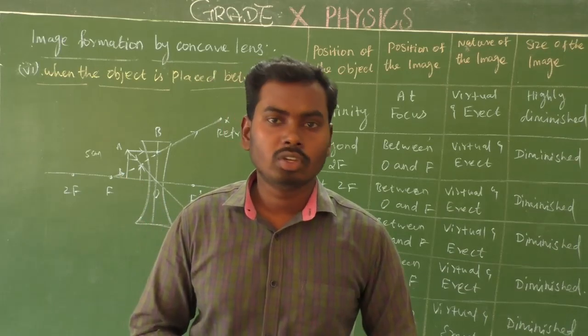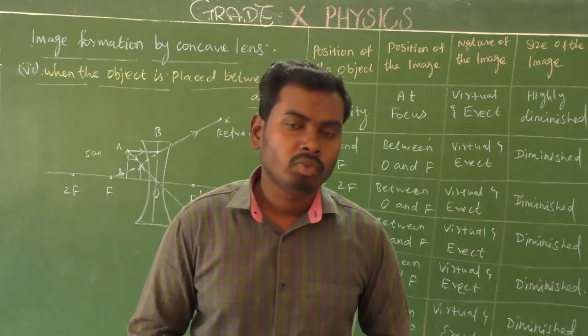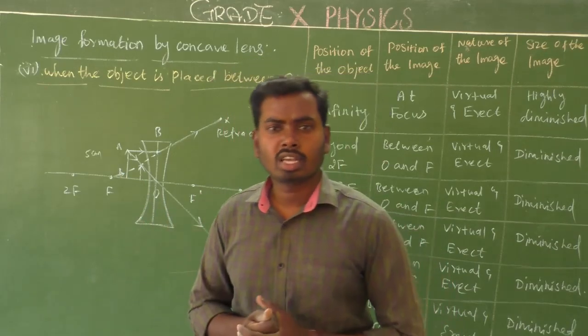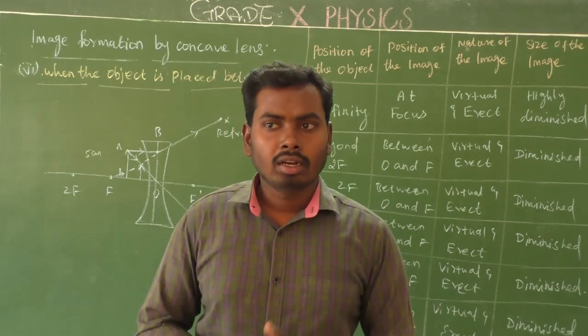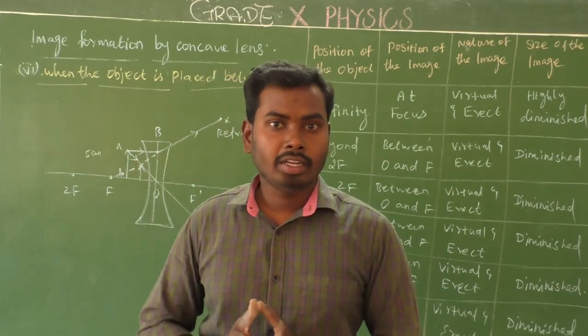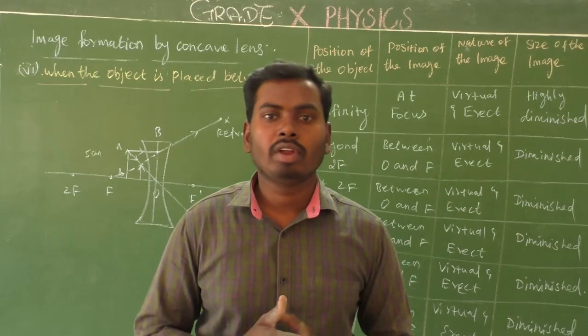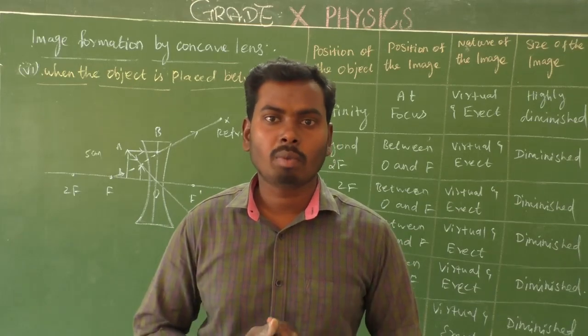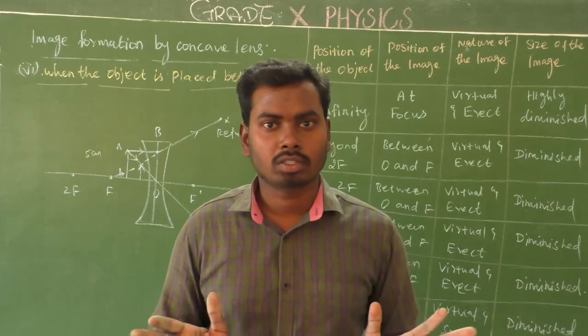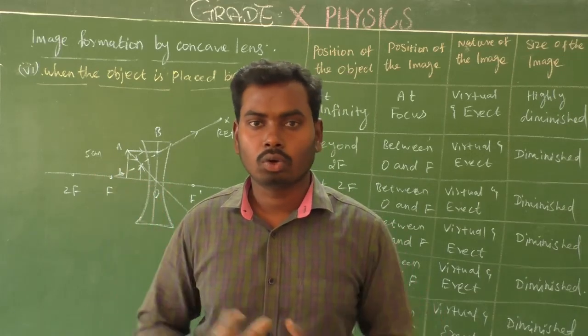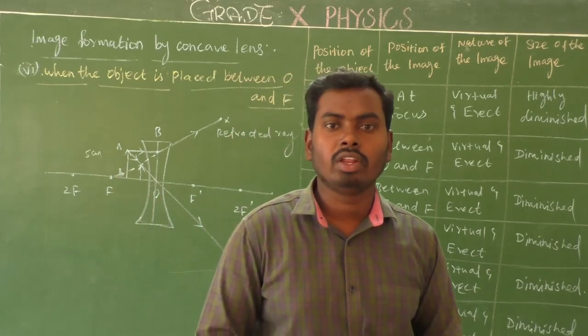Only virtual images. Then the size of the image will be diminished compared to the size of the object. Except at infinity, if the object is placed anywhere between infinity and the focus, the image will be formed only between the focus and the optical center O. That is the conclusion. Is it clear? I hope this class will be very useful for you.